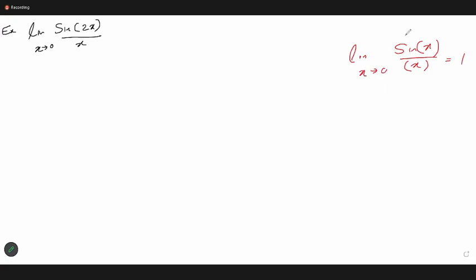In here, we need to see that the value inside the sine should be equal to the denominator part. So this one is 2 times x.